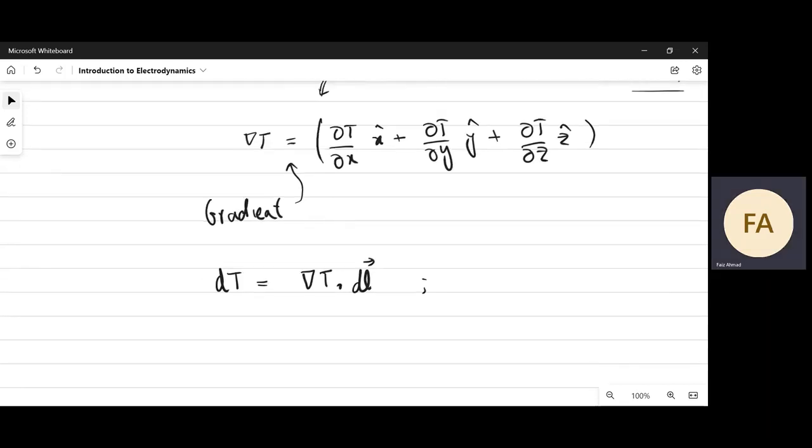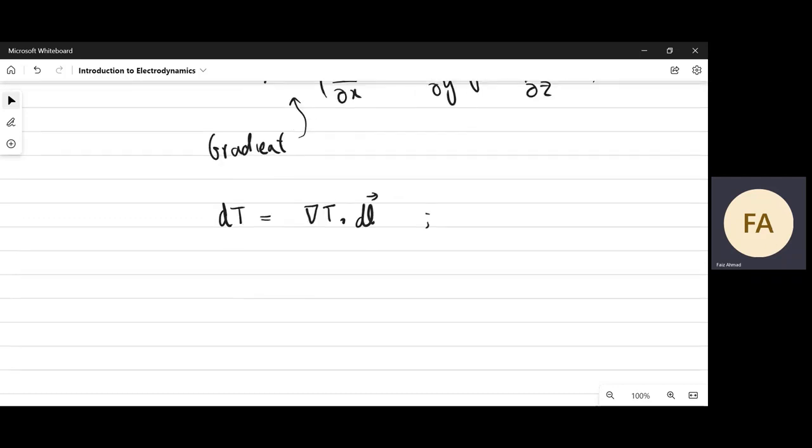Here we can see delta T is a vector quantity, and we have to explore its meaning. What does delta T mean? It is a vector quantity, but what is it going to tell us, or what is the meaning of the gradient of some quantity?